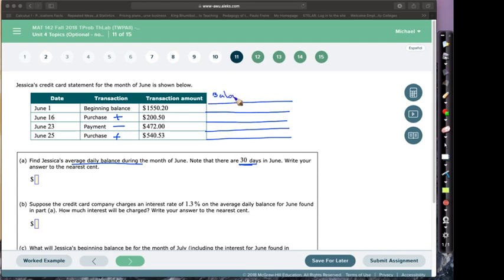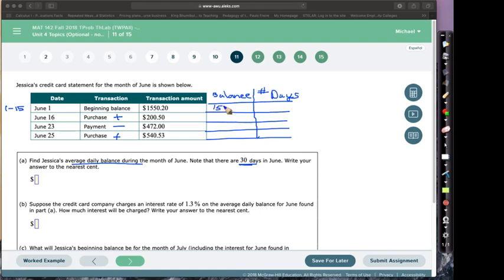So balance, and then we're going to multiply by number of days. So from June 1st until June 15th, from 1 to 15, we're going to have this balance here.